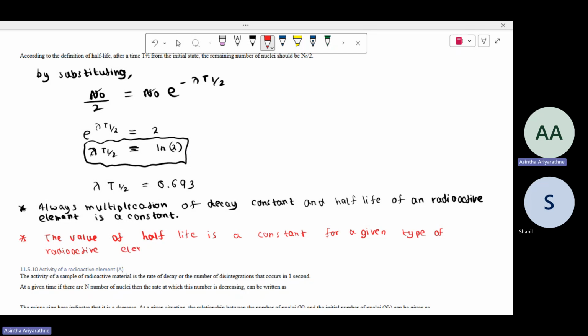For a given type of radioactive element, this half-life is constant.